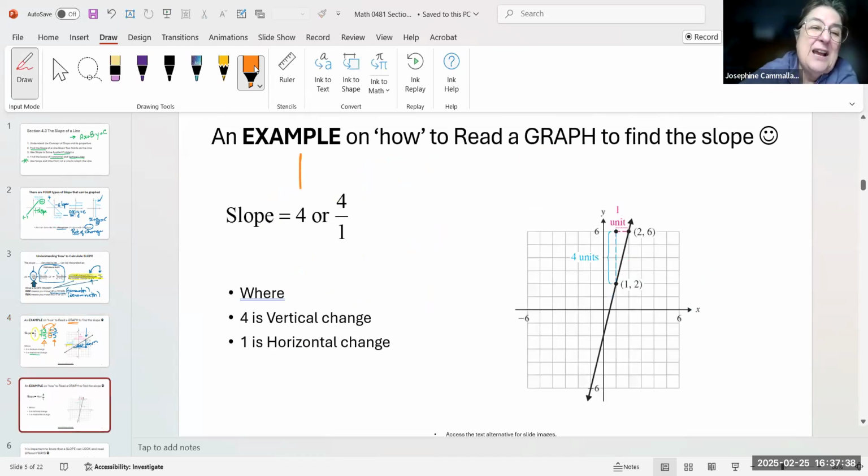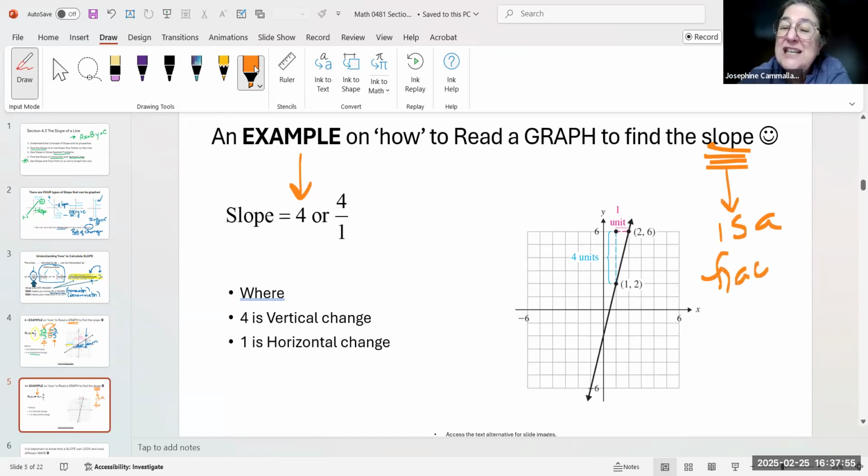Okay, now you're given this number 4, and you're told 4 is a slope. But you have to remember, a slope is a fraction because it is a rate.